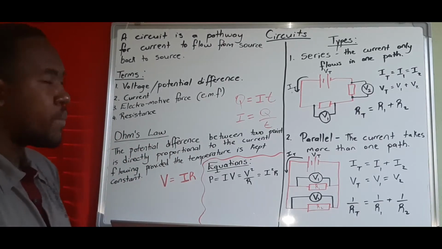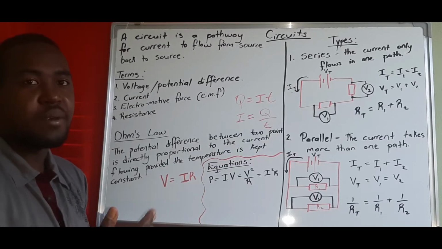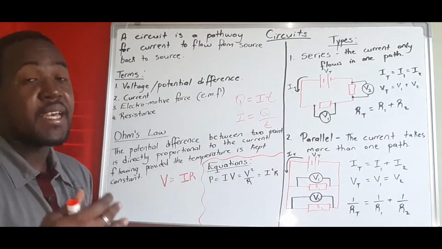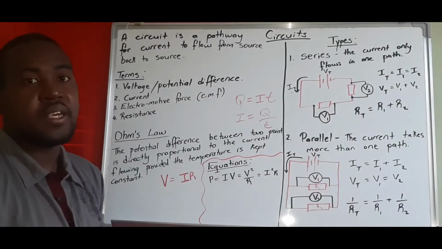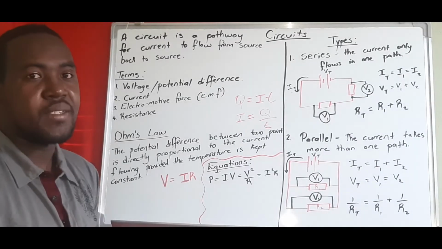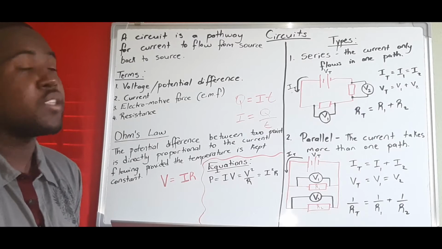So when you buy your battery and it says 9 volts, that is telling you that's the EMF. That is the maximum voltage that the circuit can actually get, right? So if you want 12 volts in your circuit for an appliance, you cannot use a 9 volt battery, right? Because the EMF tells you the maximum voltage that can be supplied.